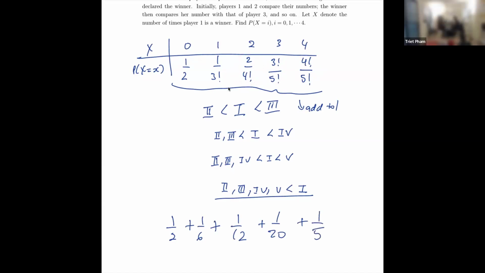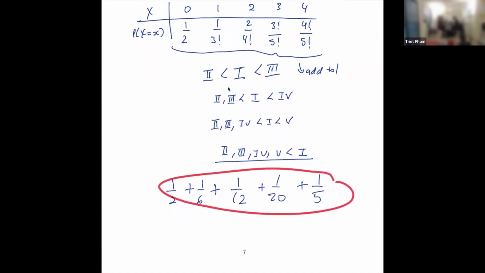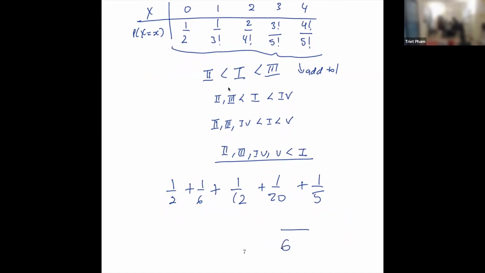So do these add up to 1? So it looks like a common denominator is 60. So we get 30 for the first one, 10 for the second, 5 for the third, 3 for the fourth, and 12 for the last. 40, 15, 5, so that's 20, 60. So that's 1.